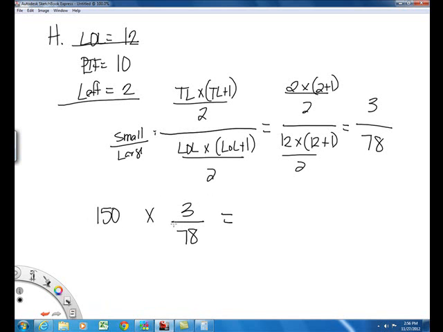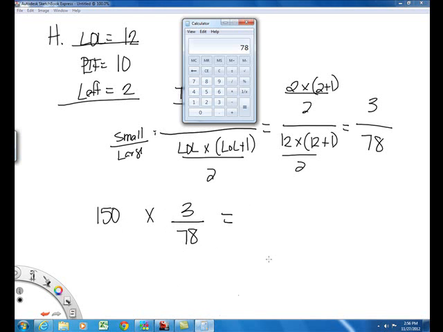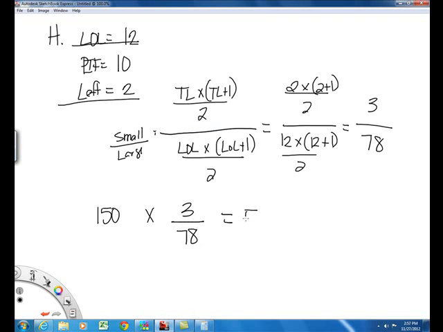And as we discussed earlier in the book, anytime you see that line, it really just means divided by. So that's 150 times 3 divided by 78. If I do that, 150 times 3 divided by 78 is $5.77. $5.77 represents my interest refund.